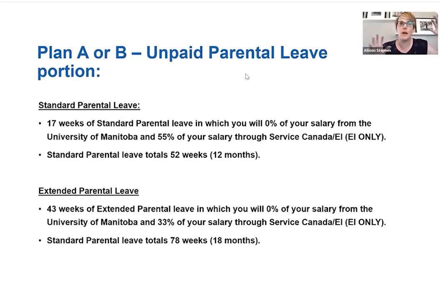It's sort of hard to put in your mind, like we've got the U of M payment stream and then the EI stream, which goes longer than the U of M's, except they pay a lesser amount. They pay it throughout the whole duration, whereas we pay all ours up front. The reason for that is it's more consistent. And if you do decide you want to come back early, then you're not missing out on any of our U of M top up because we've paid it all at the beginning.